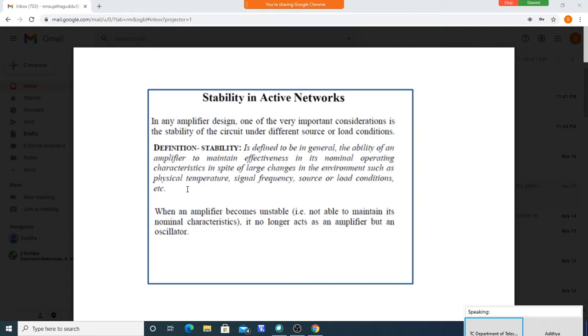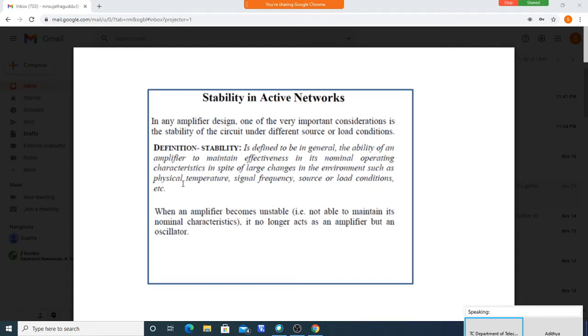That is how effectively it maintains that value while operating. That is called effectiveness. For example, we are setting 15 dB gain, but while operating, if the temperature rises, the gain may change, so it is not effective in maintaining. Room conditions may change, or for other reasons the temperature may rise, and then instead of 15 dB the gain may come down or increase above that value.